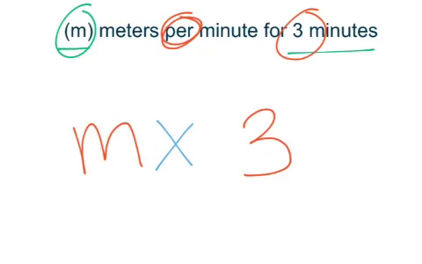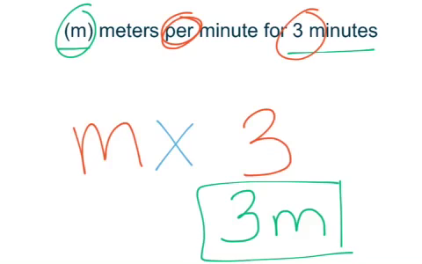M times 3. Now when you have multiplication, you can also write it like this. If you have a number next to a letter, that means to multiply. So anytime you see a number next to a letter, that tells you you're going to times or multiply.